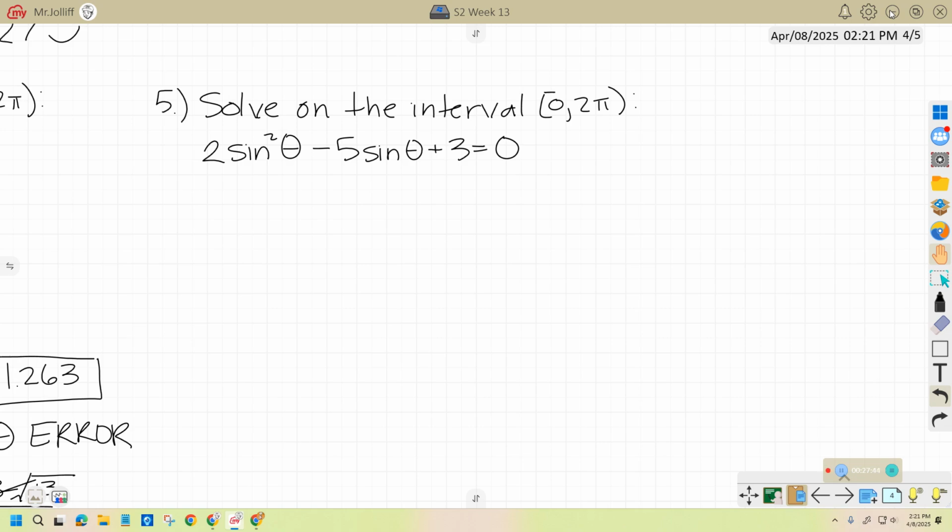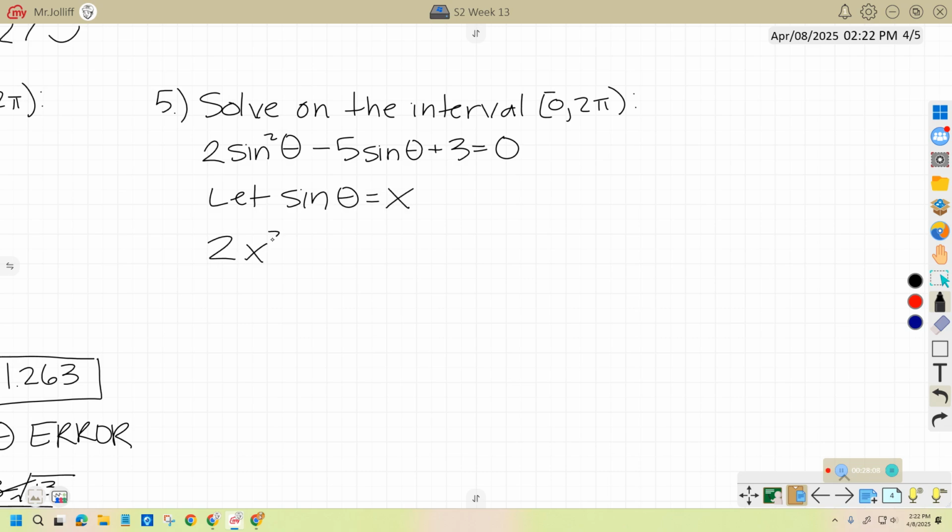All right, volunteers, before I use my random name selector, what should I do first? Paul. Variable substitution, sine theta equals x.